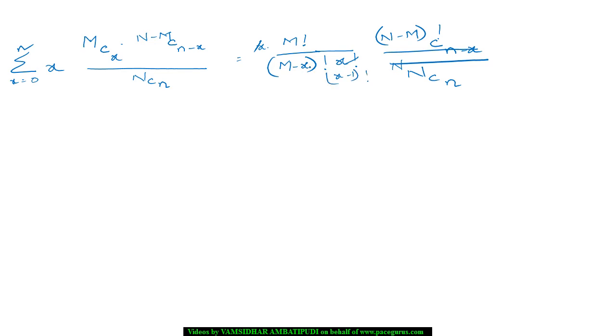Because I am making it x minus 1 factorial, I will simply take one M out of this.